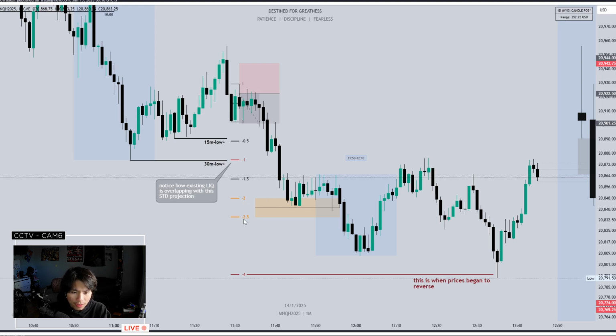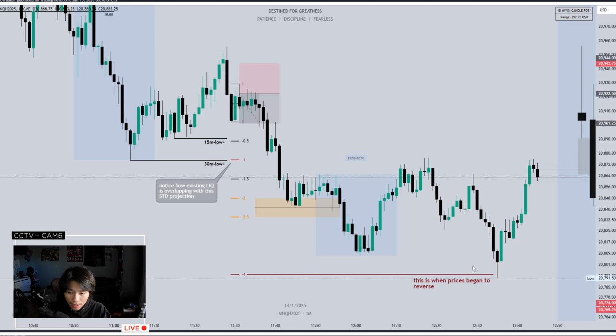The negative 2 to negative 2.5 tends to be where price likes to have a little retracement or reversal, and the negative 4 standard deviation is where price tends to reverse as well. So here you guys can see that being active. At negative 2, negative 2.5, we kind of stall once we reach that area, and then we continue to hit this fair value gap a couple more times and then continue lower.